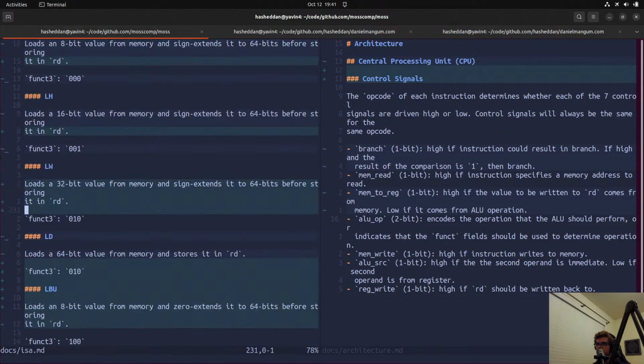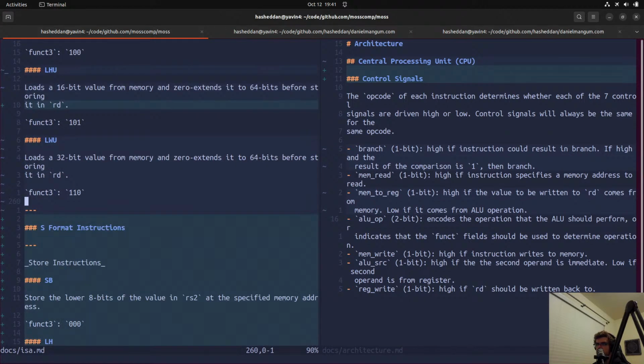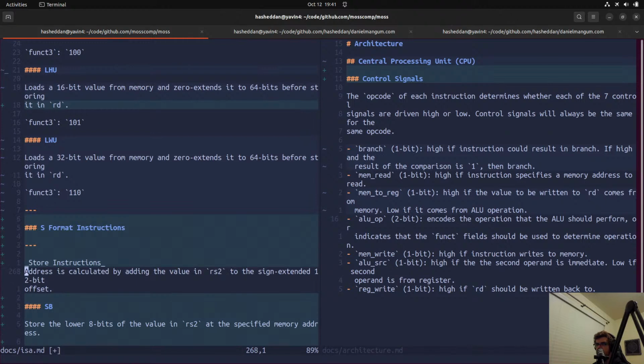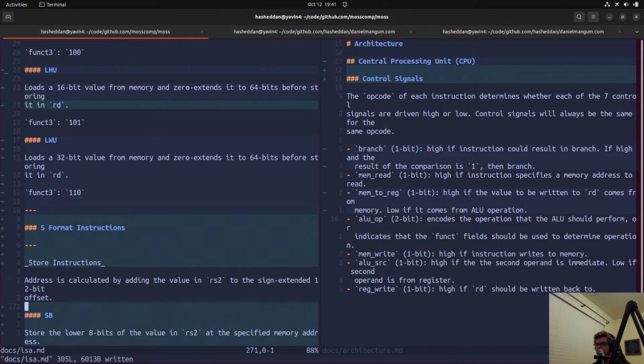This is true for loads and stores. Oops, opcode.